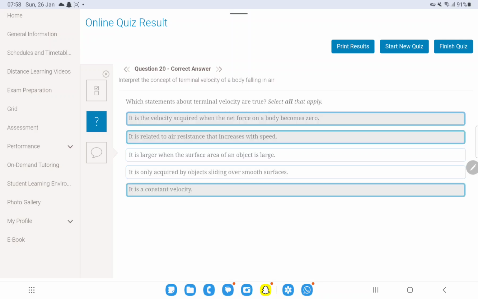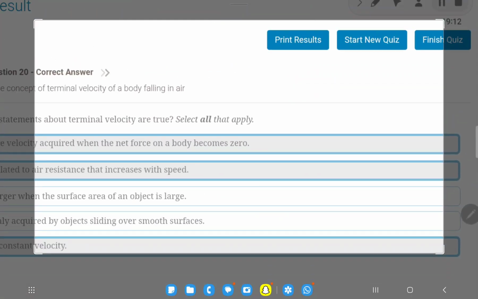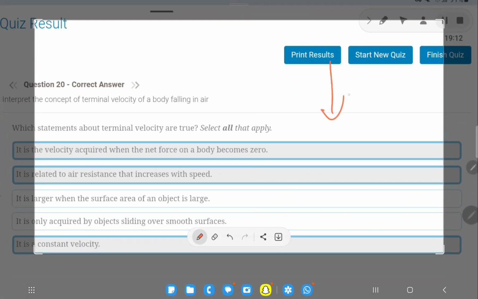Which statements about terminal velocity are true? Select all that apply. It is the velocity acquired when the net force on the body becomes zero. When the body falls down, it meets air resistance. Say for example a body free falls with its weight 5 newtons.